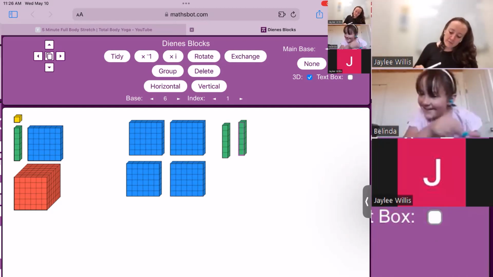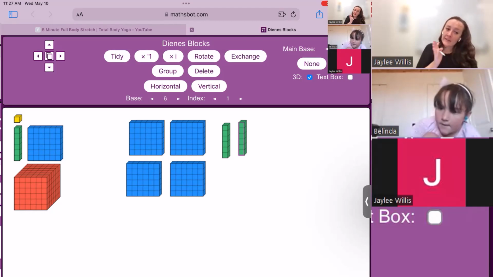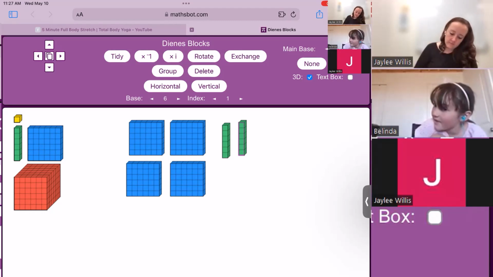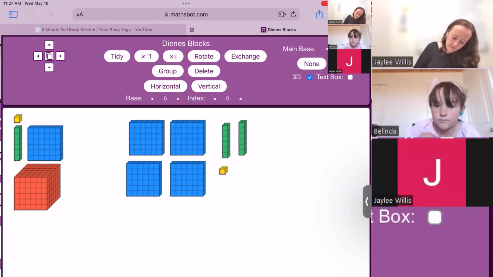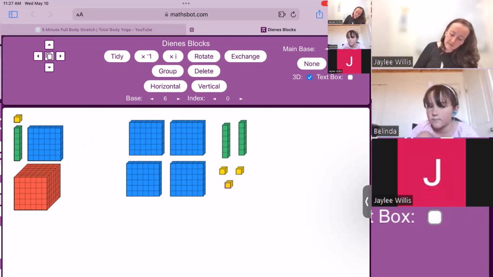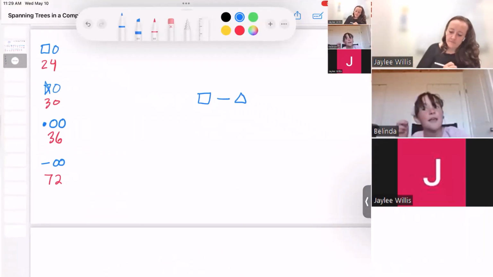So we have square dreads, line T's, and then the last part of the number was a triangle. So we need 3 yellows. Okay, perfect. I don't know why it's not selecting them. There we go. Okay, awesome. So how can we figure out how big this number is? Can you go back to that other thing? I think I might have the answer.